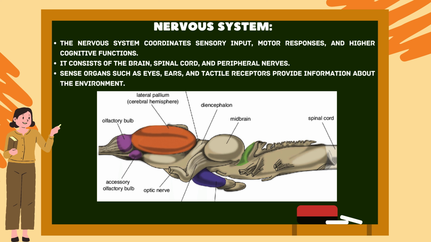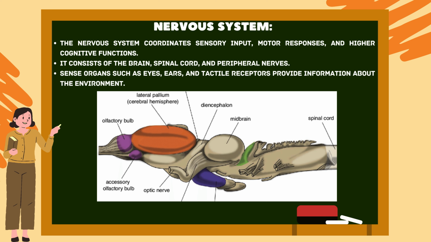Spinal cord connects the brain to peripheral nerves, allowing transmission of signals between the body and brain. Peripheral nerves. These nerves extend throughout the body, transmitting sensory input from the environment, such as light, sound, touch, and sending motor commands to muscles for movement.